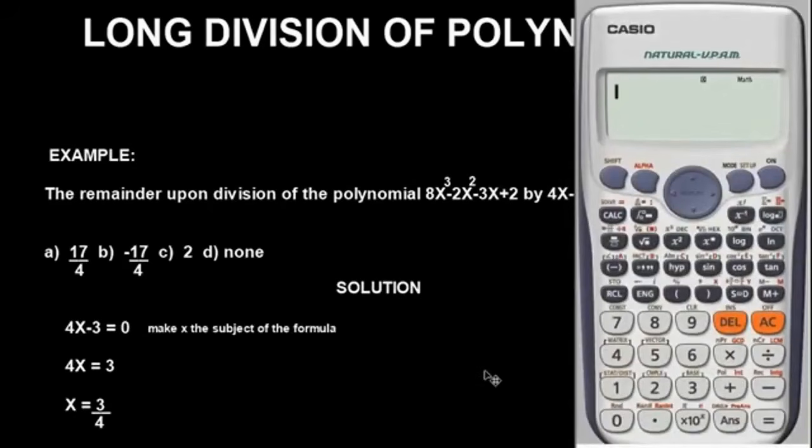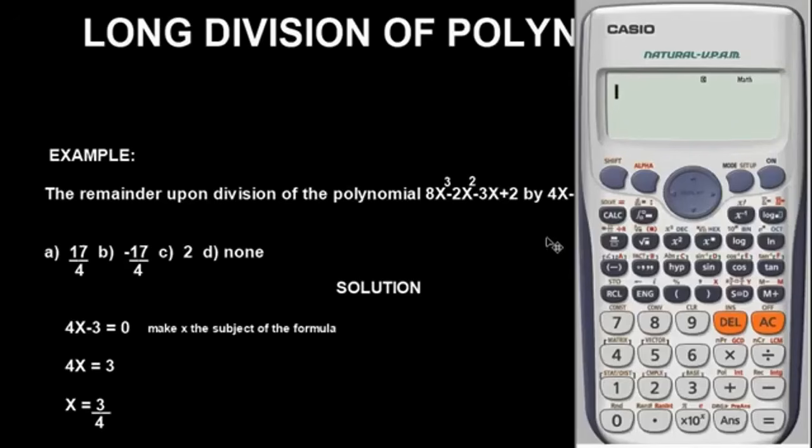Okay, the first thing we will do on the calculator will be to clear the calculator. Very important to avoid unnecessary error, because you might not remember whether you have performed a previous calculation on the calculator. So to avoid unnecessary error, to clear your doubts and to be on the safe side, you are advised to clear the calculator before you begin to solve a new question like this.